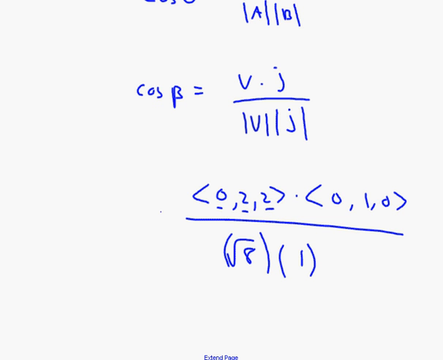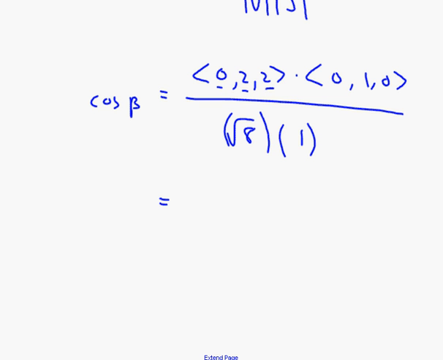Okay. So we're expecting to somehow figure out that beta is going to be pi over 4. We suspect that, and sure enough, it will happen. The dot product on top is 2. And on the bottom, we really have 2 root 2. Well, that's 1 over root 2. Some of you might think of that as root 2 over 2.